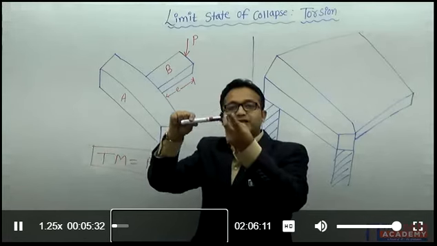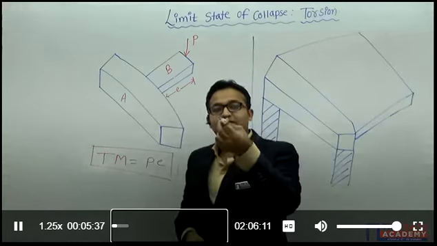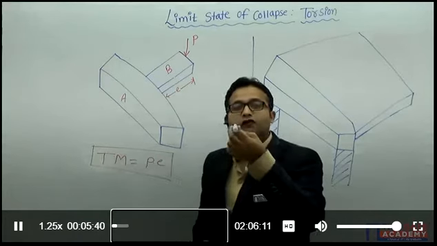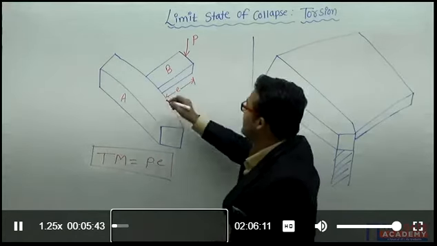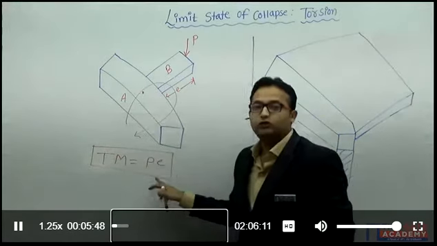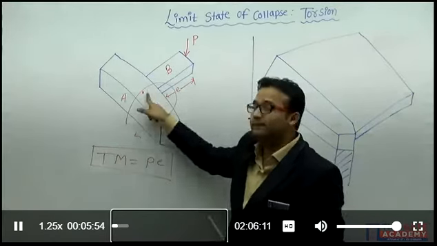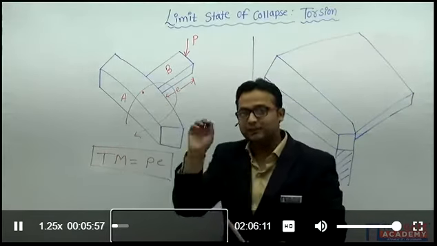So definitely this beam will try to rotate about this beam. So definitely this beam will be suffering the problem of torsion, and the torsional moment will be acting at this location only, and it is actually equal to P into E. At this junction of these two beams, the torsional moment is acting at this particular point.